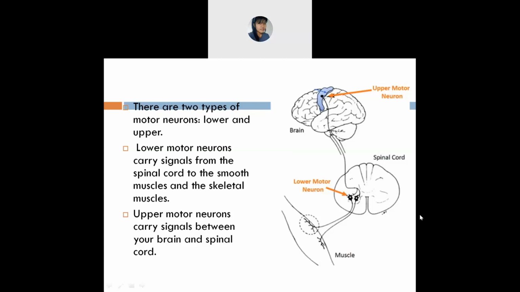What happened? All are quiet. Ma'am, smooth muscle is involuntary muscle. Okay, tell me some example. Ma'am, lining of stomach. What about skeletal muscle?